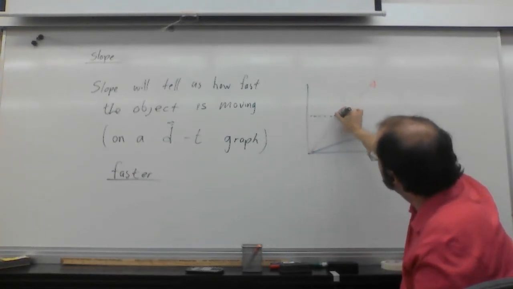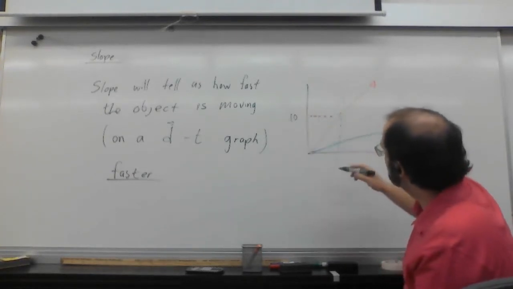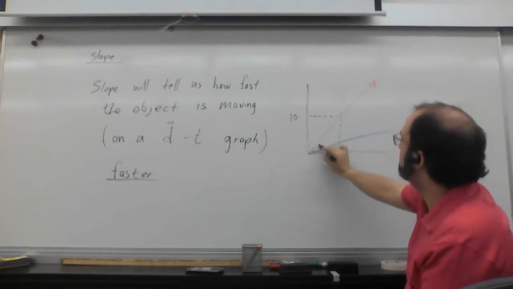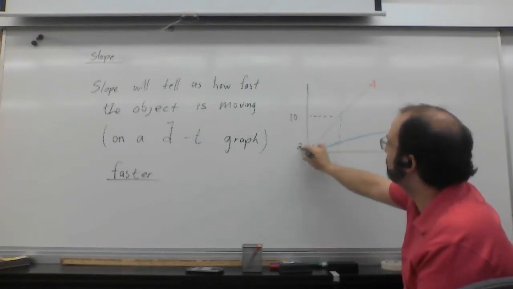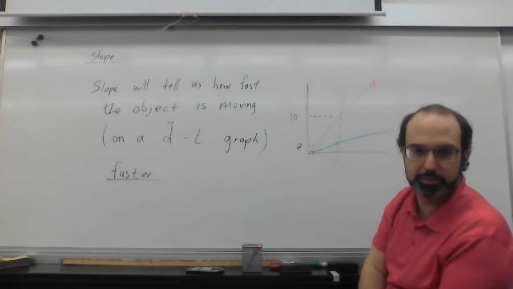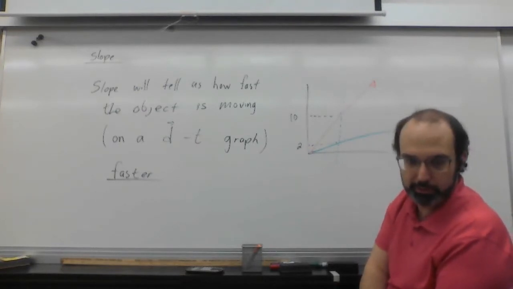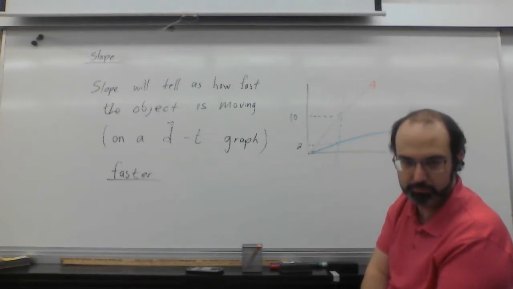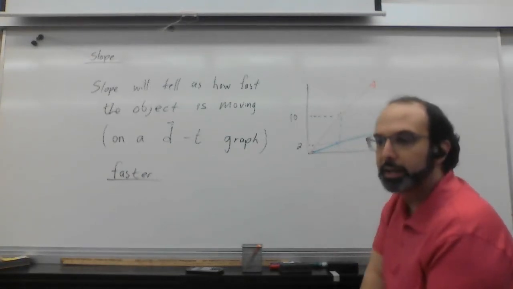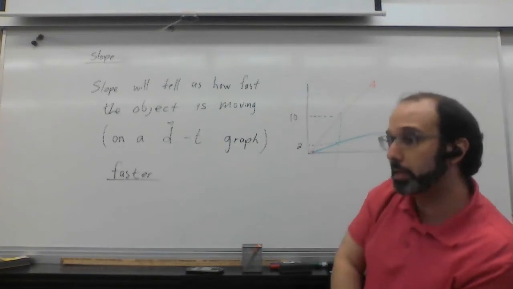Here, maybe this one is 10. Well, in the same amount of time, this guy here only went 2. 10 is obviously bigger than 2. So if I cover more ground in the same amount of time, I'm going faster. Make sense? Hopefully.